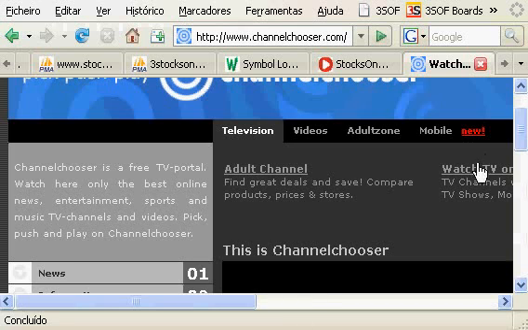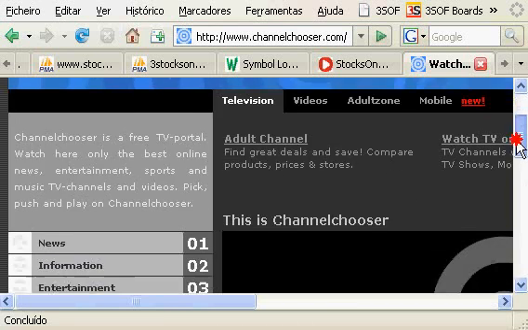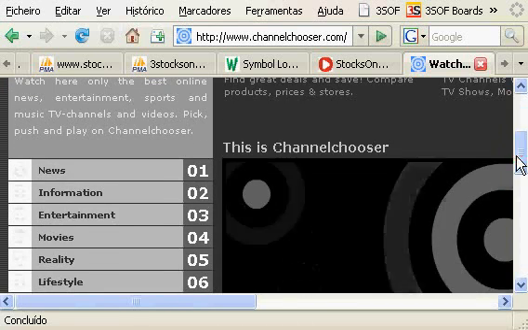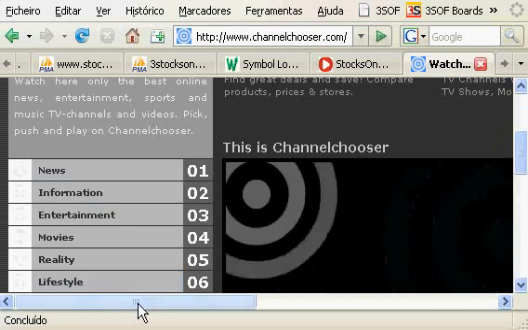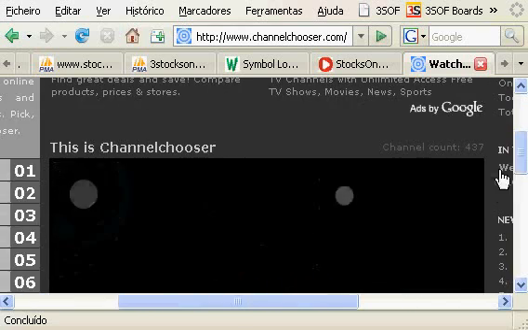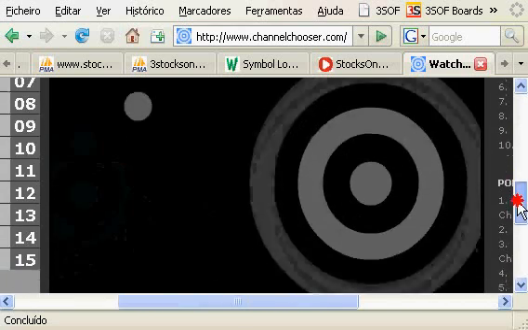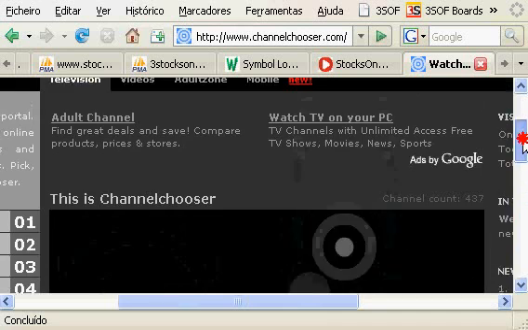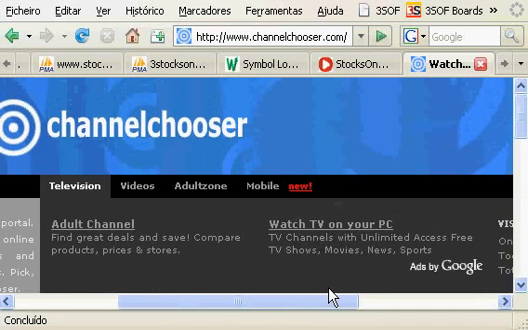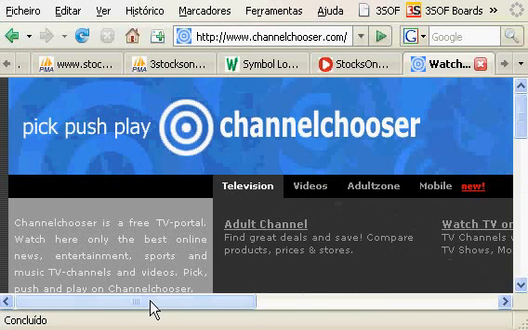Look here, this is channelchooser.com. You can see news, information, TV on your computer here. Well, not with a high quality like the HAUP product lets you do it.